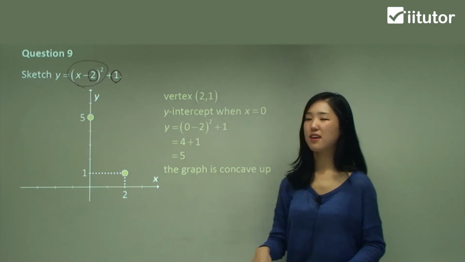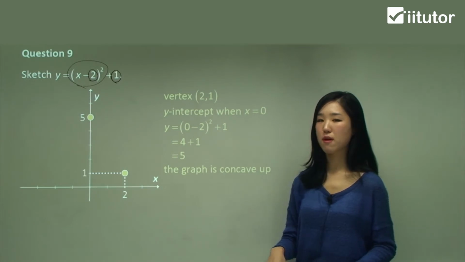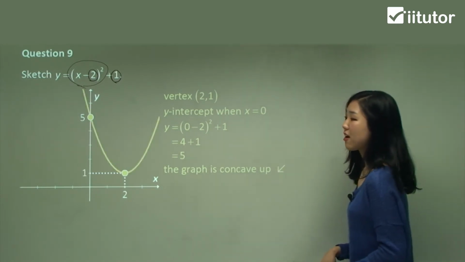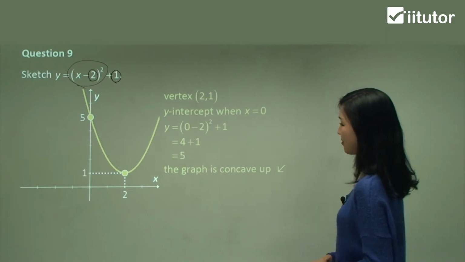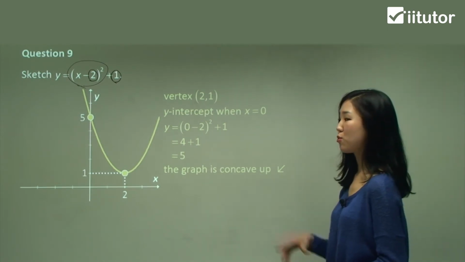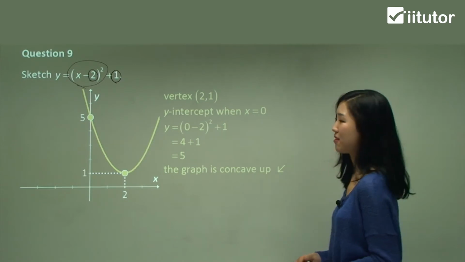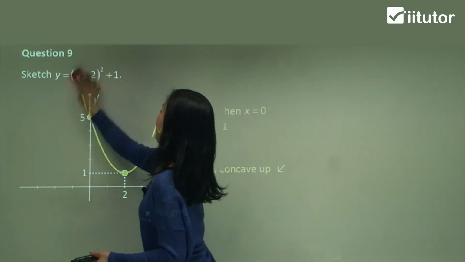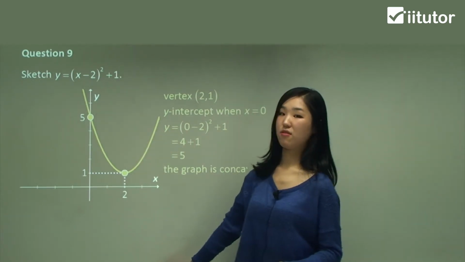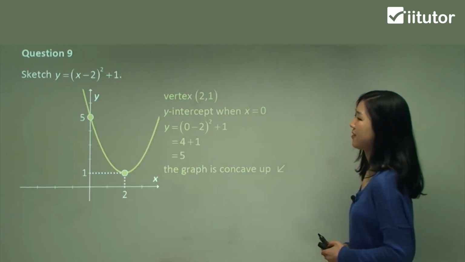So there's not going to be any x-intercepts, so you don't have to worry about finding that. All you need to do now is join it. That's your graph. Have a look. All I did was join the vertex and the y-intercept. Hopefully that wasn't too bad. That's question 9.